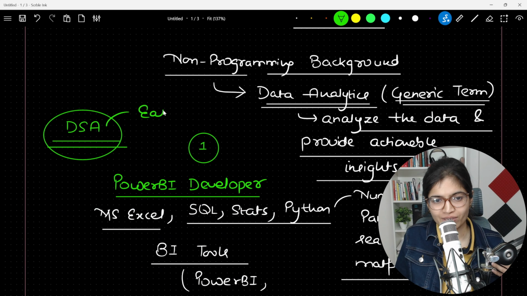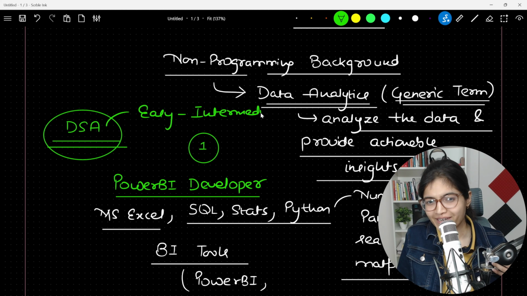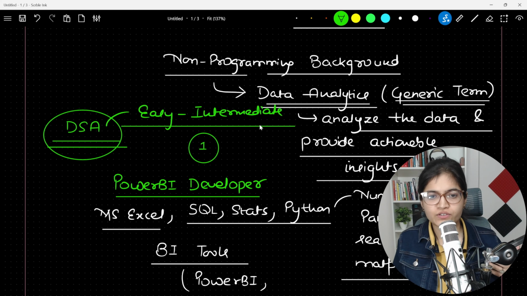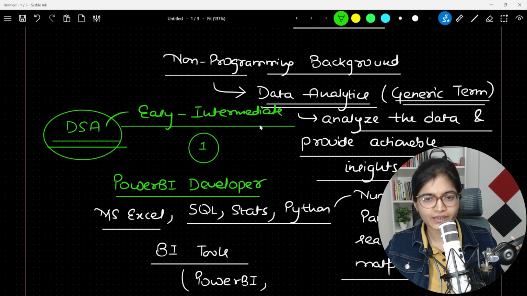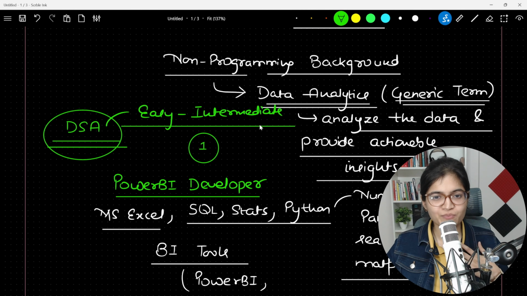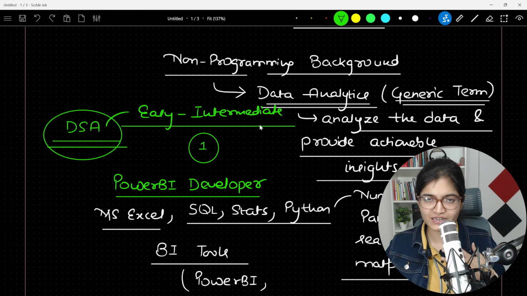When we talk about the DSA requirement for these job roles, always make sure you know at least easy to intermediate level DSA. To be very frank, I have given interviews for data science positions at companies like Google, Amazon, and Microsoft, and from my experience, every company asked me DSA.